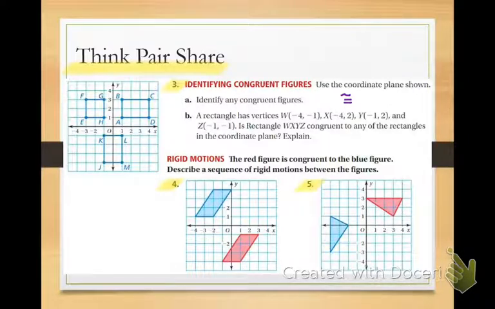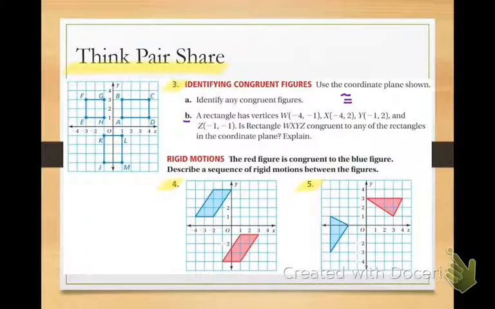Then I want you to look at B. It says a rectangle has vertices and it gives us 4 points. Is this rectangle congruent to any of them? You can plot that. It might overlap with one, it might not, I'm not sure. It looks like it might overlap, that's okay. I want you to plot those points on the coordinate plane and tell me if it's congruent with any of them.